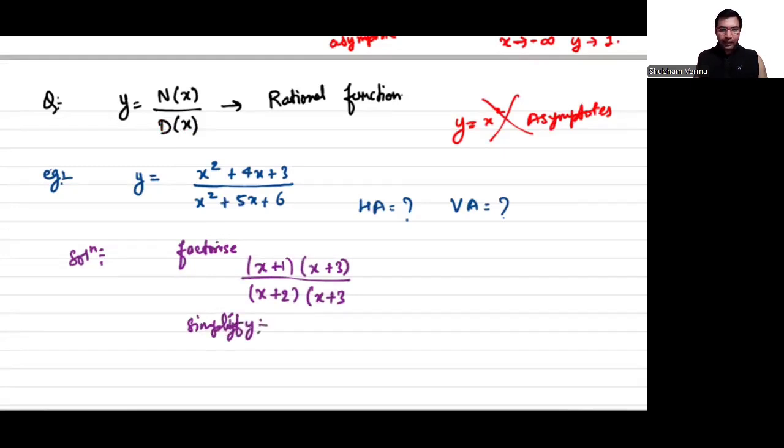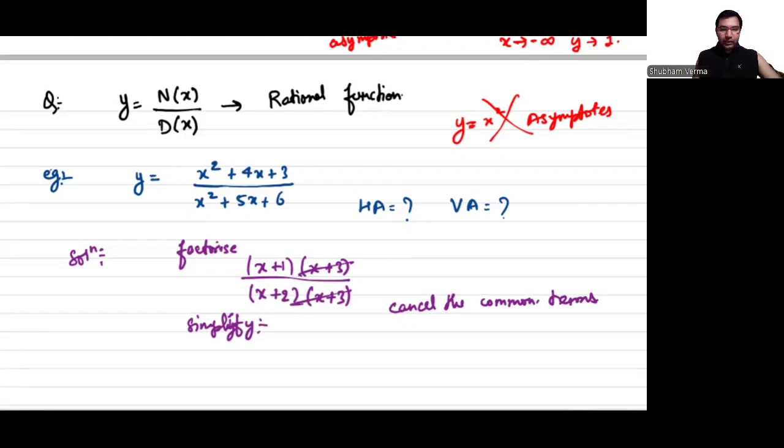Now, when we simplify, I can cancel out the common factors, x plus 3 and x plus 3. So in step 2, cancel the common terms. Always, the first thing is factorize and then cancel the common terms.